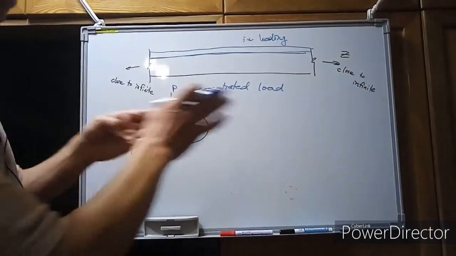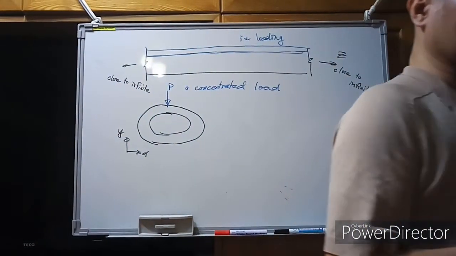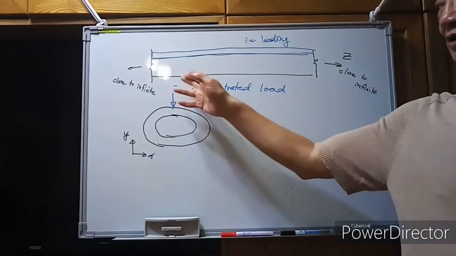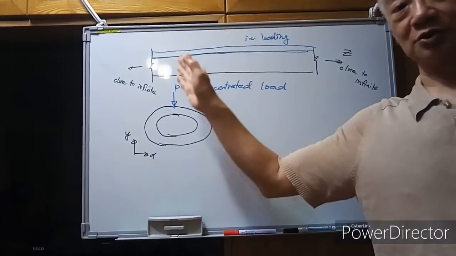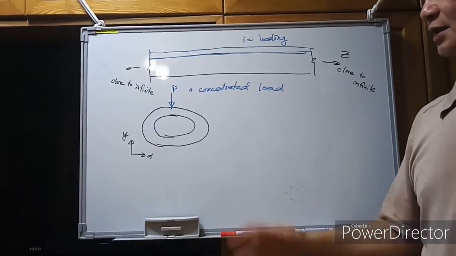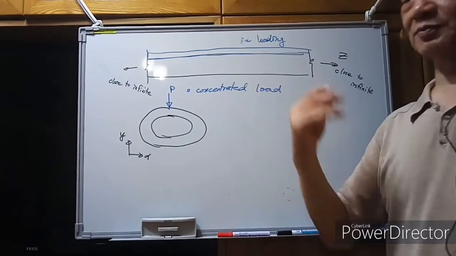Only for such a loading condition can you always see a concentrated load no matter where you cut the cross section. So that's the basic assumption of the plane strain model.